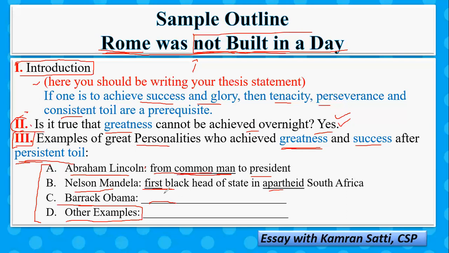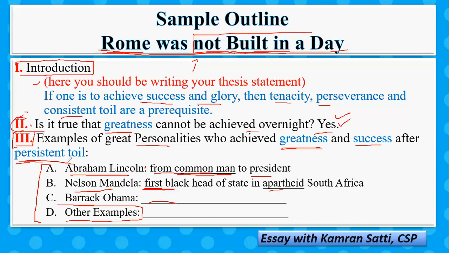But remember, if you don't have adequate vocabulary, and you're not able to summarize a personality's achievements in one phrase, and you are forced to write 2 to 3 lines to discuss him, then avoid it, okay.